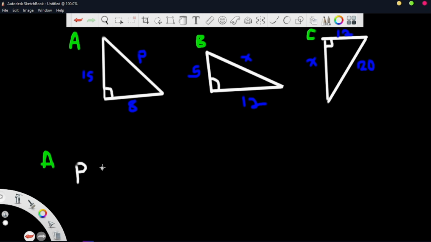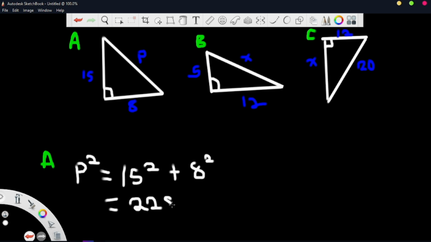So P squared is going to be equal to 15 squared plus 8 squared. 15 squared is 225, plus my 8 squared, which is 64.